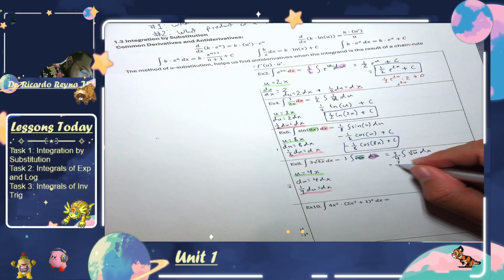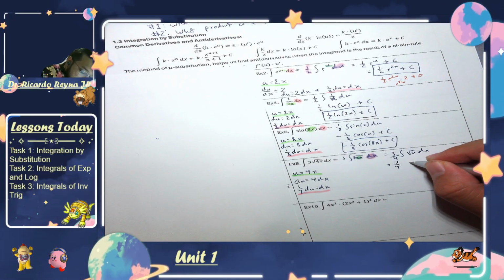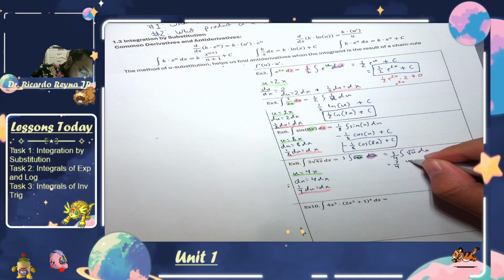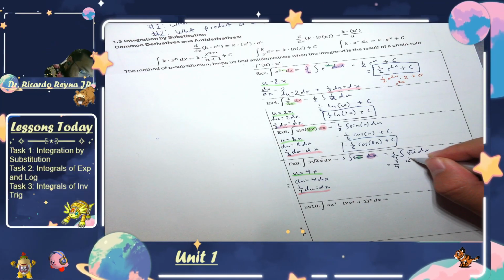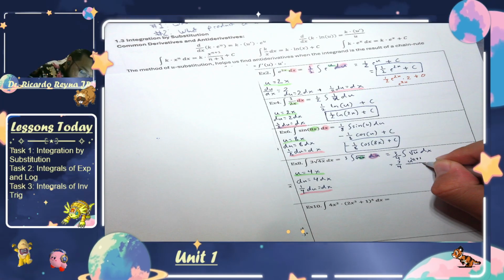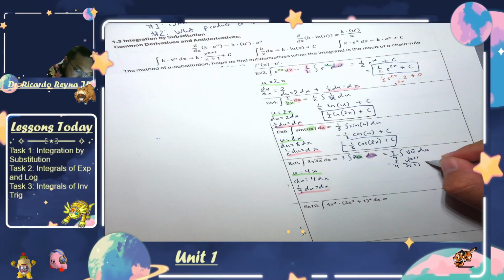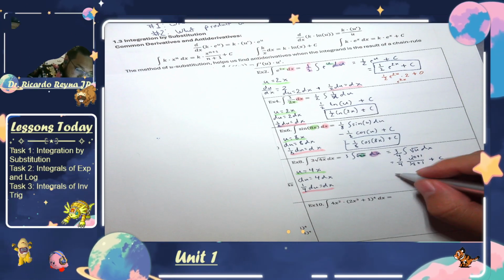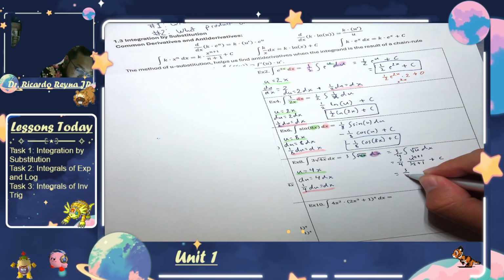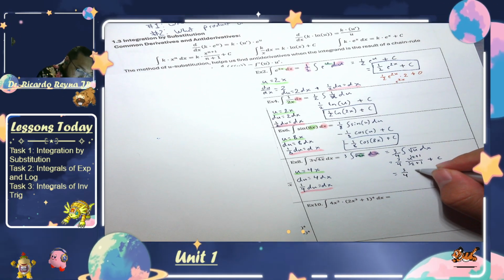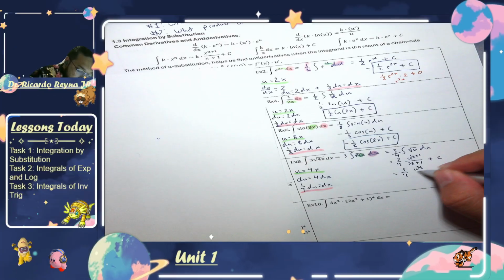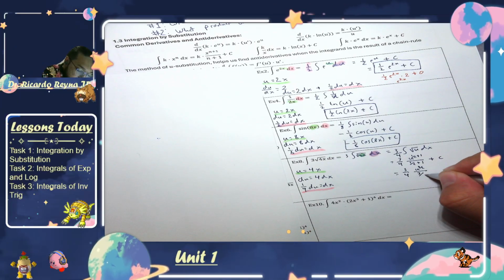So here we have 3 over 4, and then the integral of that is u to the power of 1 over 2 plus 1, over 1 over 2 plus 1, and then plus c. For that, I'm definitely just going to rewrite these as 3 over 2 and 3 over 2.